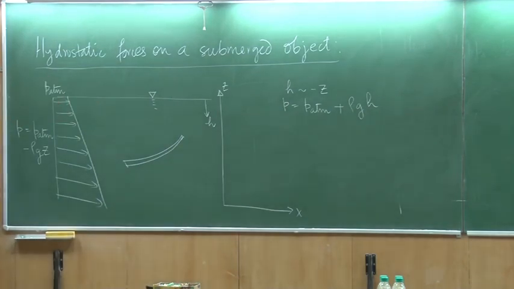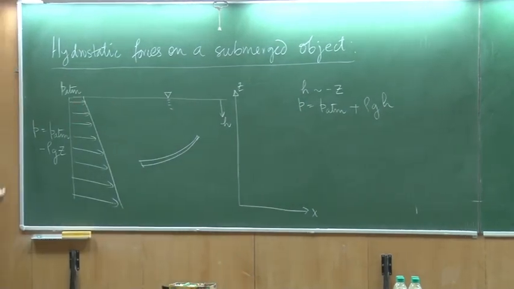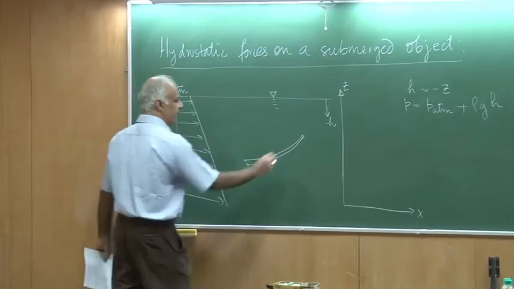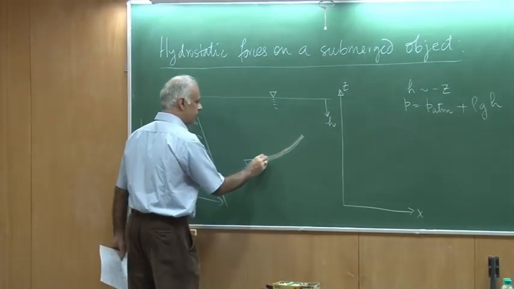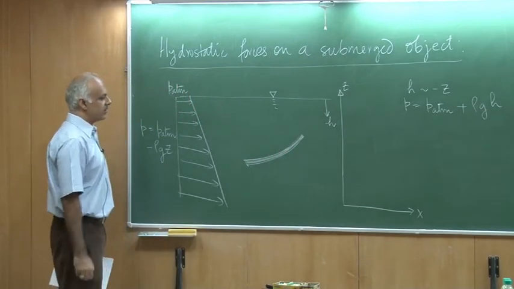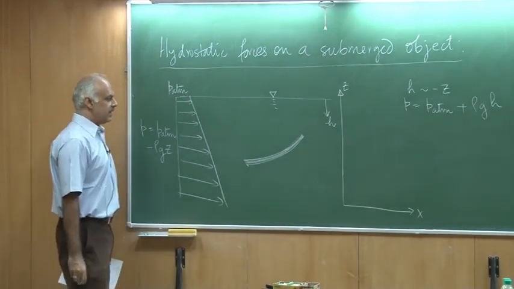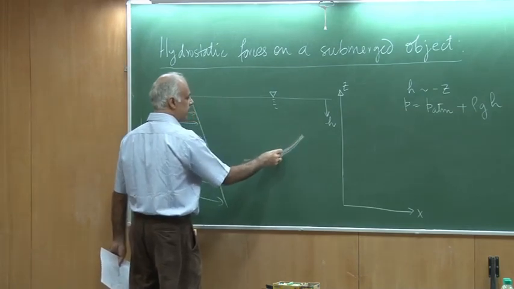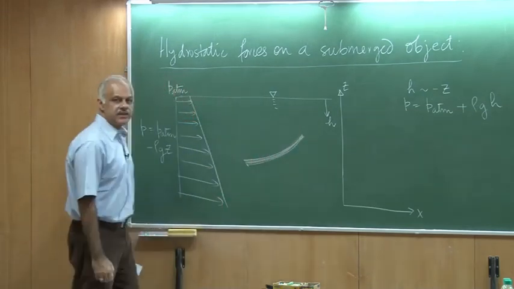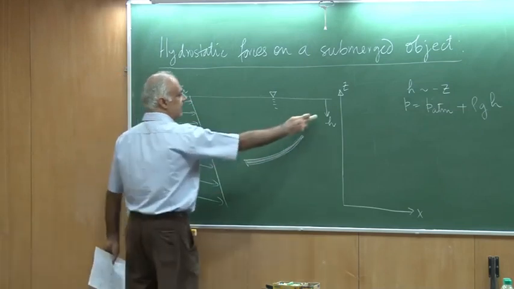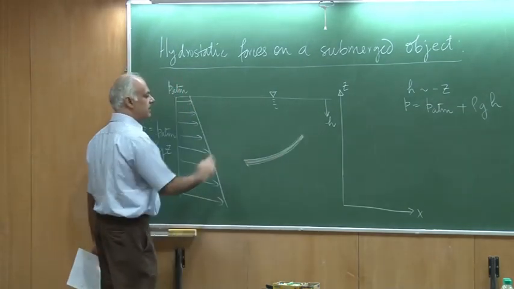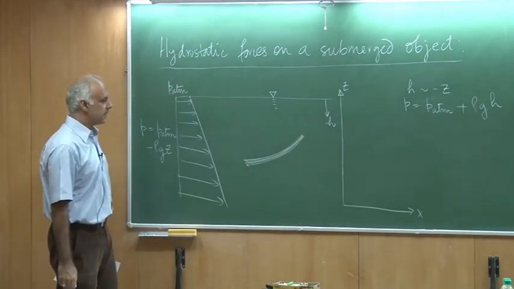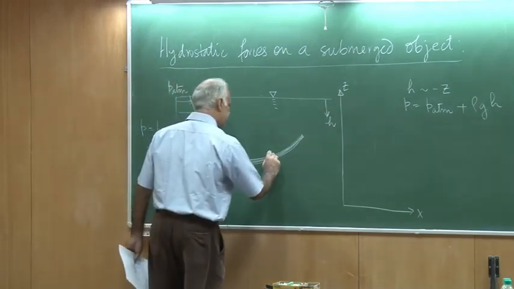So it really depends on the coordinate system that you use. Both are absolutely fine. All right, so our basic aim is to look at the pressure on this submerged object. Now notice that the pressure at different points would be different simply because this height h of the water column is different. Okay.